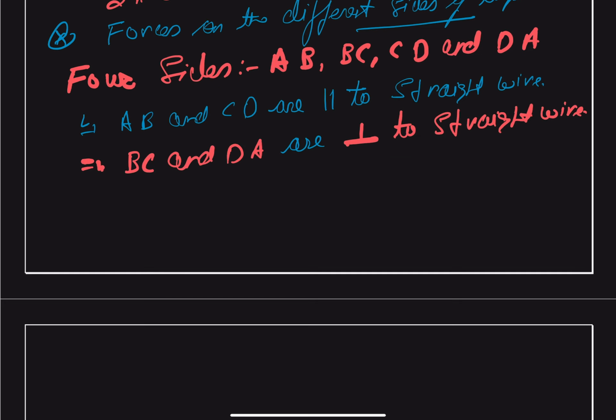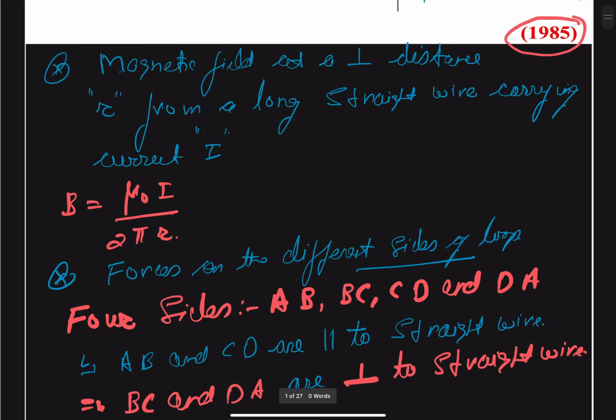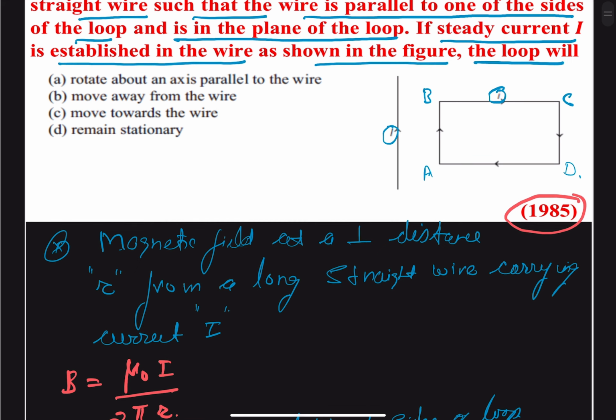And from the figure we can clearly see that the side AB is nearer to the straight wire. Let us call this distance R1, and CD is farther from the straight wire. Let us call this distance R2.